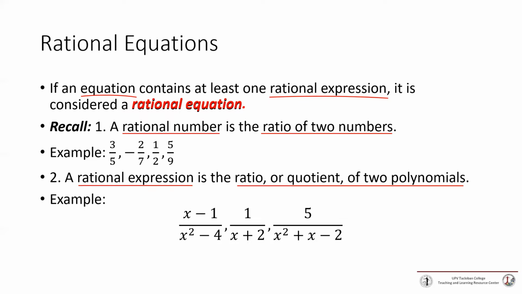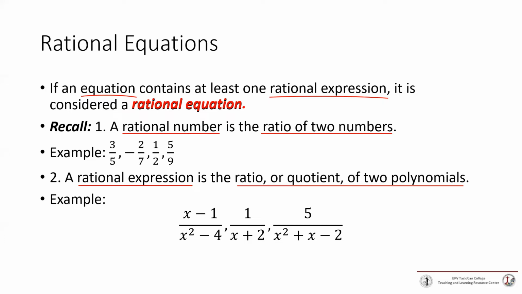In the first example, x minus 1 over x squared minus 4. This is a ratio or quotient of two polynomials because x minus 1 in the numerator is a binomial over another binomial, which is x squared minus 4. The next example, 1 over x plus 2. 1 is a constant and it's part of a polynomial over x plus 2.